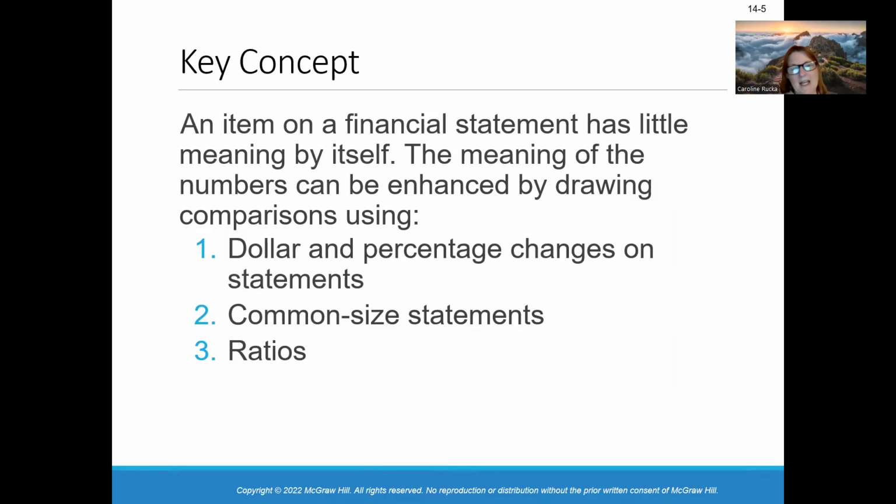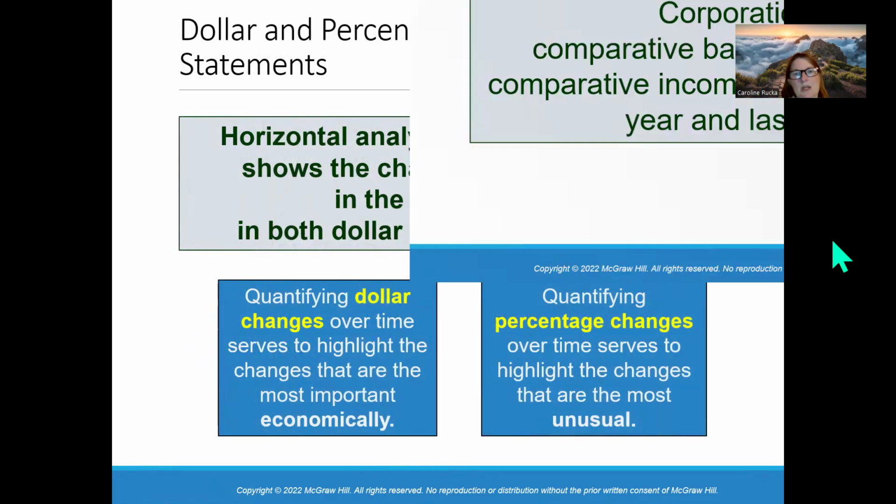Now we can look at either dollar and percent changes. We can look at common size statements, or we can look at our ratios. We just finished on our last slide deck talking about some different ratios that we can use.